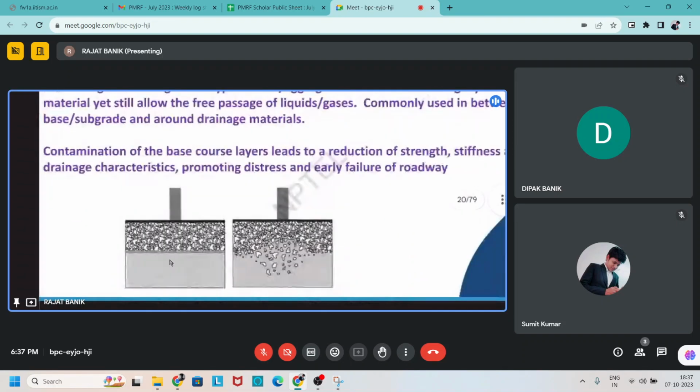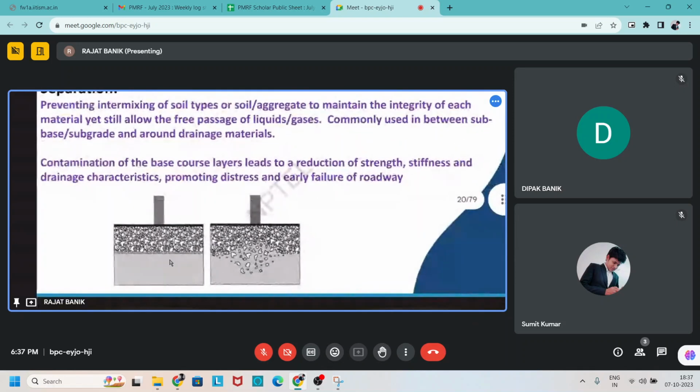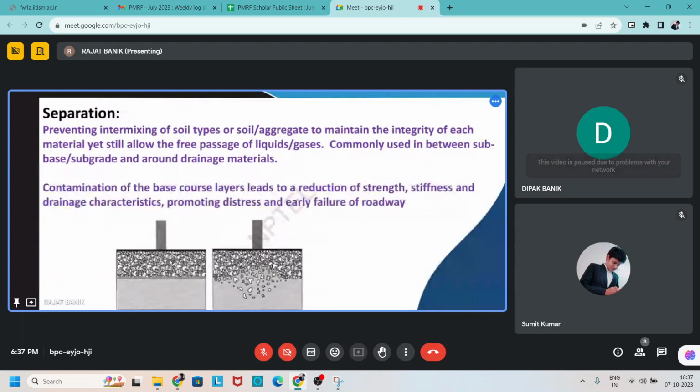The contamination of the base course layer leads to reduction of strength, stiffness, and drainage characteristics, promoting pumping and early failure of the roadway. So if we do not use geosynthetic material as a separator, the base course may fail due to the reduction of strength and stiffness, the drainage characteristics also decrease, and the road may fail.